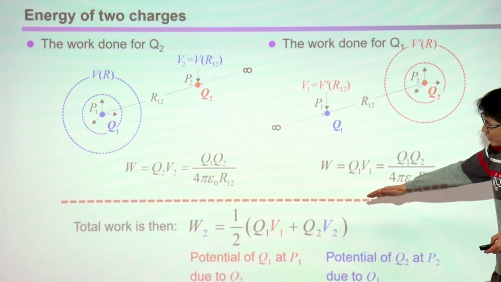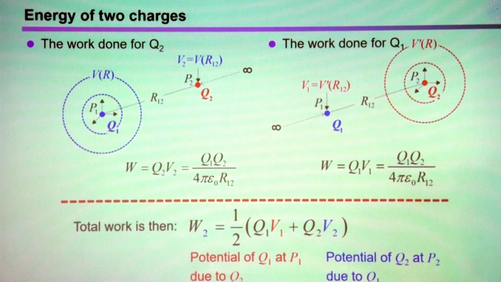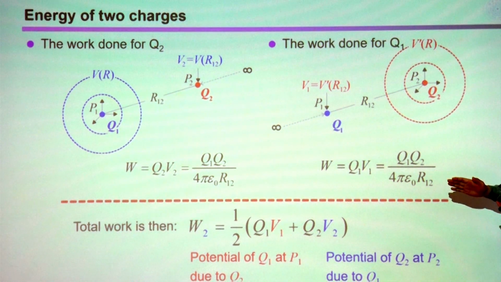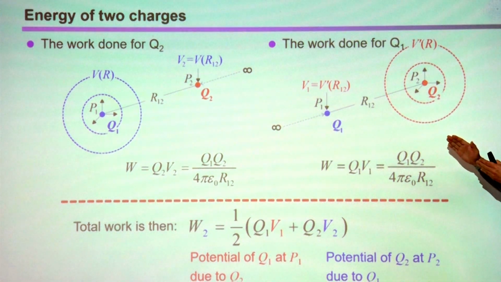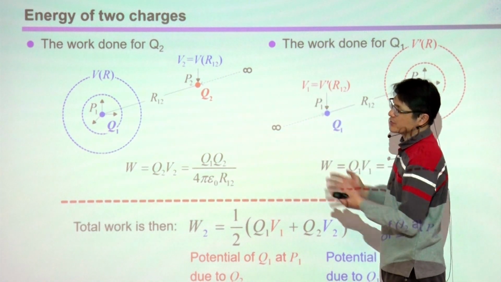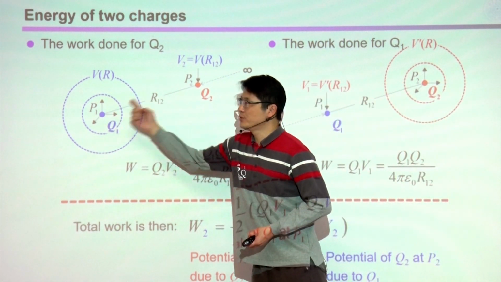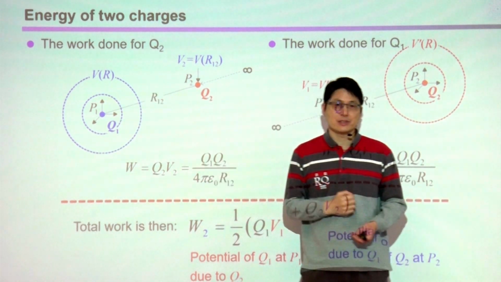But let's take a look at this mathematical equation. If I don't really care which particle is present first, I look at the entire system. Well, I have two charged particles separated by a certain distance.